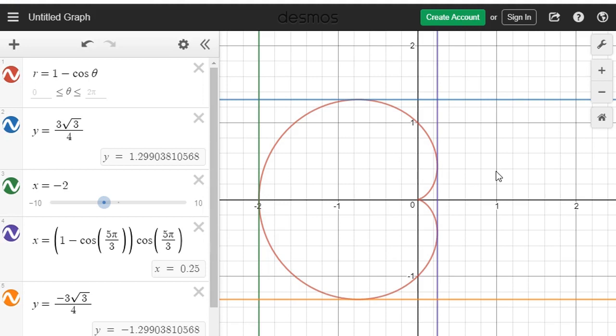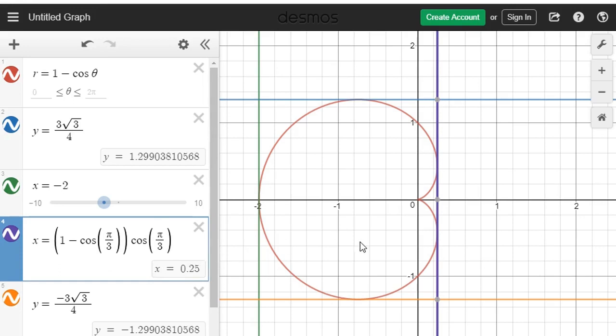And what I'm showing you here is, with this purple one, I get x equals 1/4. I could have written it as x equals 1/4, but I wanted to show you that if I plot x equals 1 minus cosine of 5 pi over 3, or I could have done pi over 3 and cosine of pi over 3, I end up getting x equals 1/4.